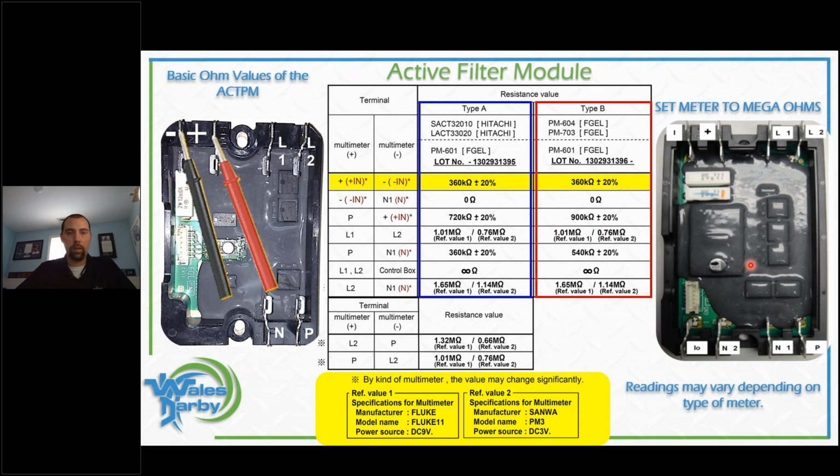Really, the purpose of this slide is not to confuse you and make your head hurt. When we're going through these tests, it's all about knowing where my multimeter needs to be placed, what terminals I'm looking to hit, and what readings I'm trying to achieve. That's why I like this slide: if you pay attention to all of these readings, they're all totally different. 360,000 ohms, 0, 720,000.